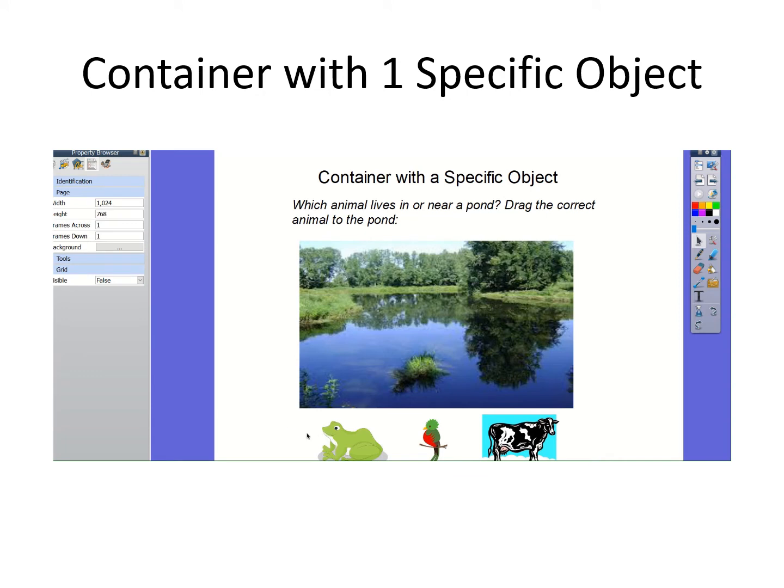I can select each one individually, or a little trick to speed things up, simply select all of them. I don't need in the container area to answer any of these questions except for the last and say true. When the student selects the appropriate answer, here's my frog sound, the frog stays in, and then the other animals will bounce out.